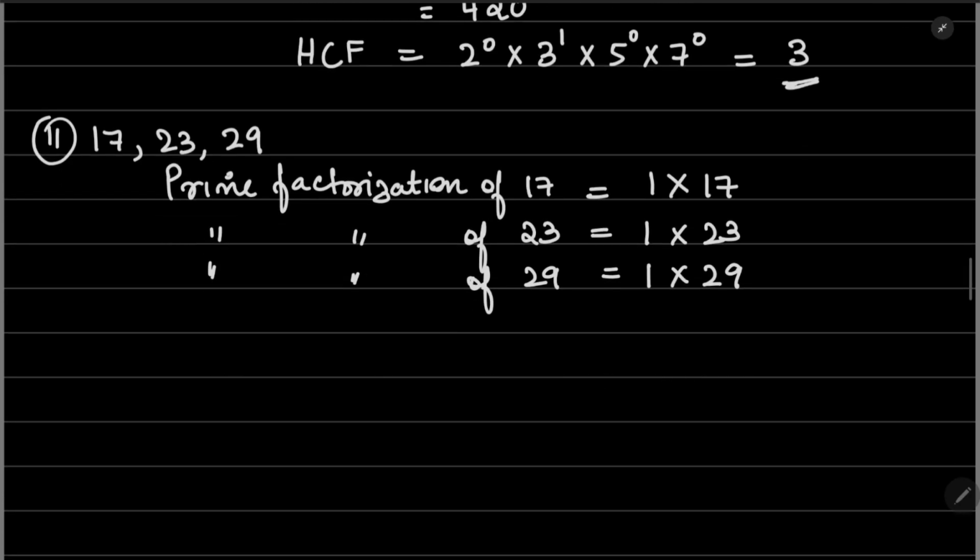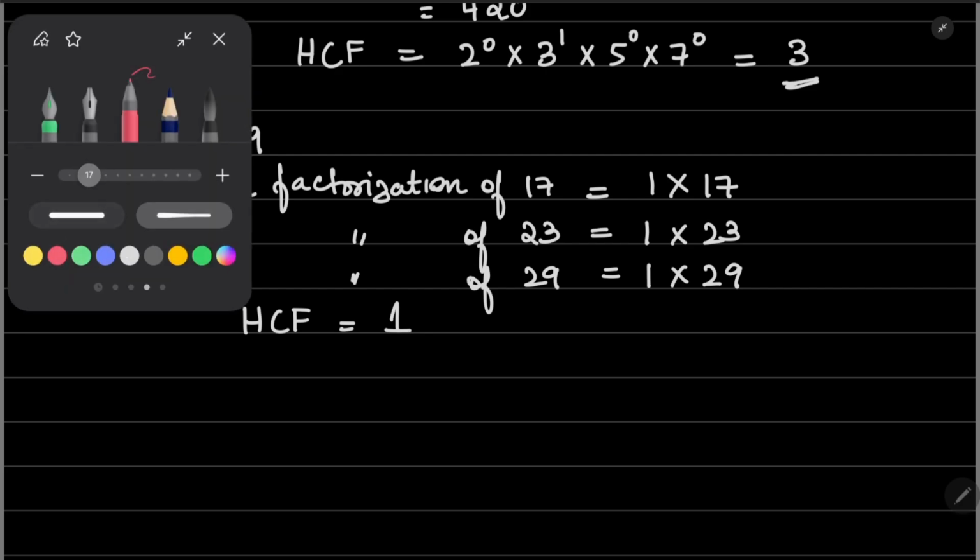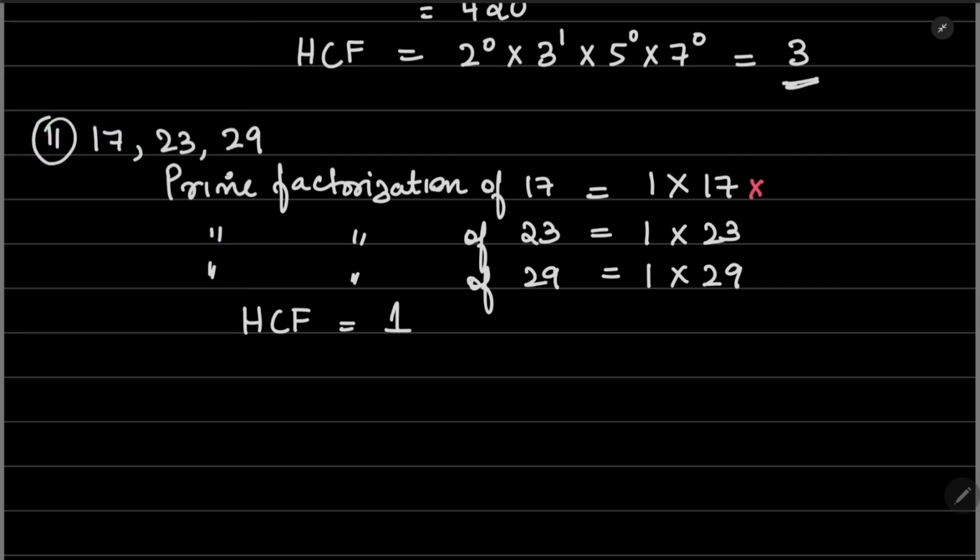So what is the HCF? For every common factor, you have to take the lowest power, so it is nothing but 1. Everywhere else, you can write 23 raised to the power 0, 29 raised to the power 0; here 17 raised to the power 0, 29 raised to the power 0; here 17 raised to the power 0 and 23 raised to the power 0.